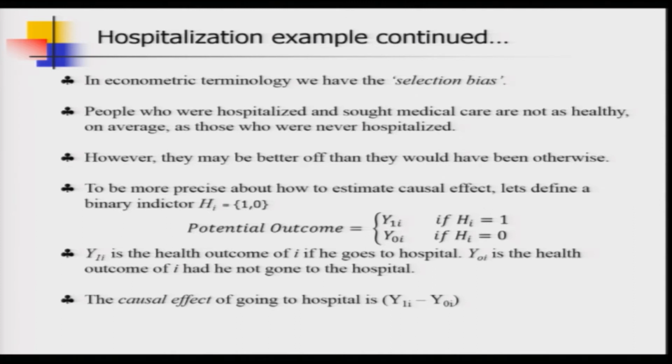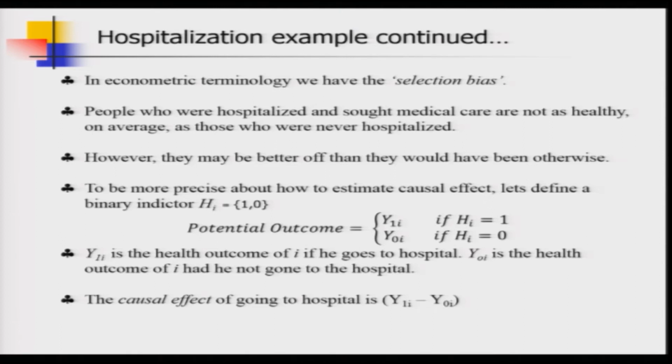So, y1i is basically the health outcome of individual i if he goes to the hospital, and y0i is the health outcome of individual i who had not gone to the hospital. So, the causal effect of going to the hospital seems to be y1i minus y0i. Okay, but is it that simple?